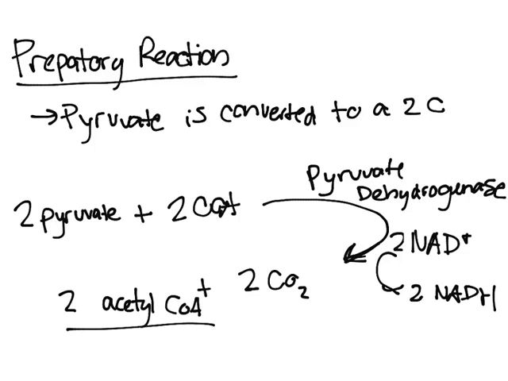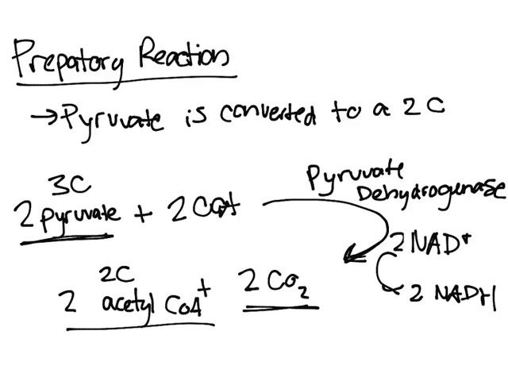And this enters the Krebs cycle, assuming there's oxygen. And so this pyruvate, a 3-carbon, gets turned into 2-carbon, and then the other carbon is right here and gets turned into CO2, carbon dioxide.